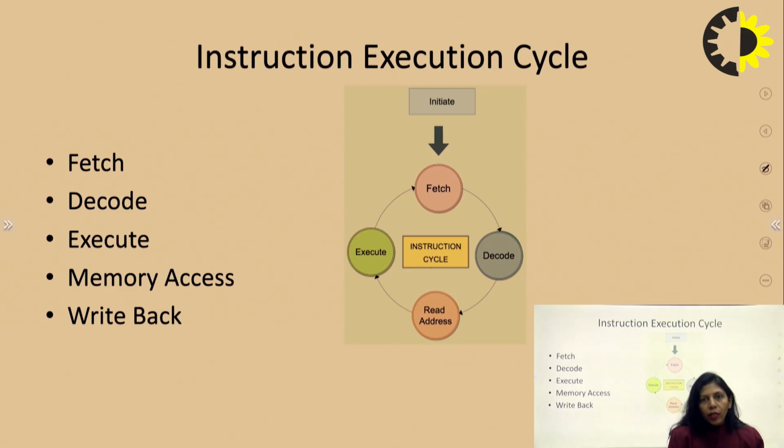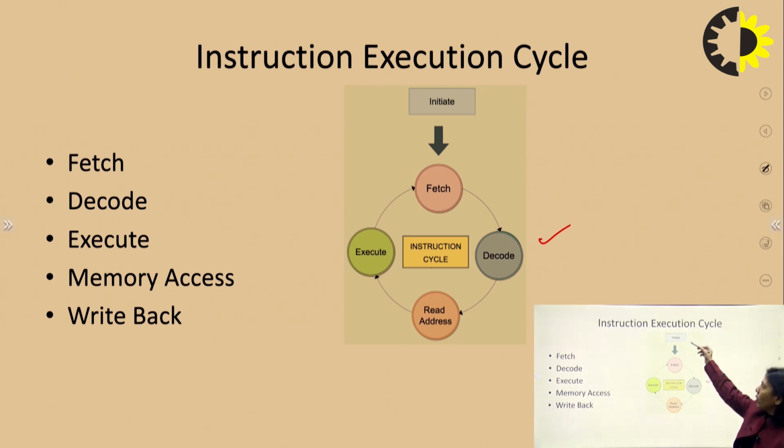It may be a register or it may be the memory, and then it is executed. After the execution, it can be written back to the memory, or it can be placed temporarily in the register. So here is the overall process of the instruction cycle.